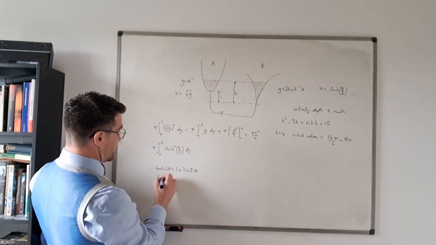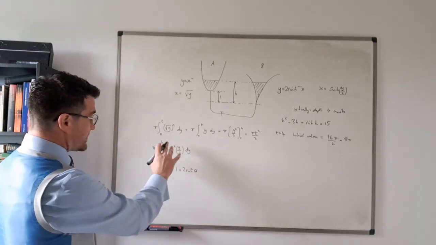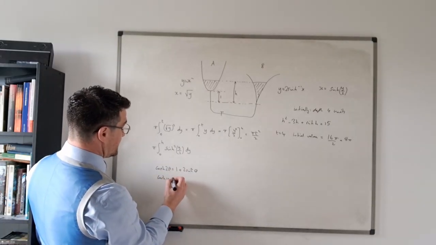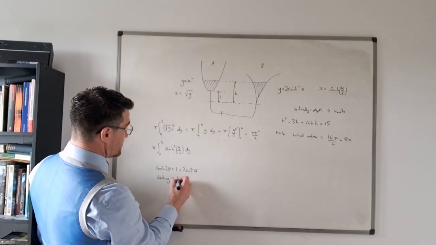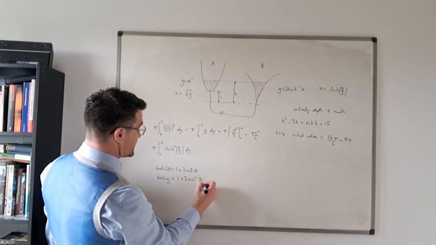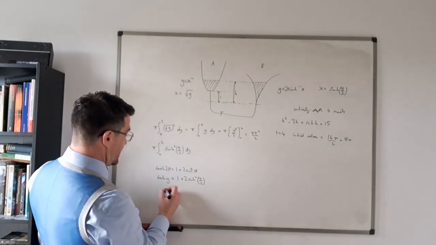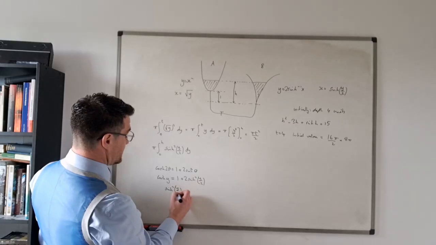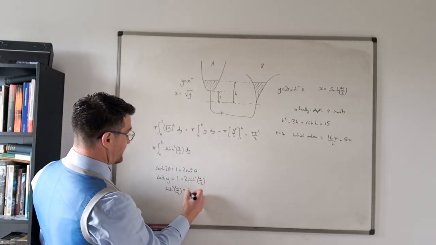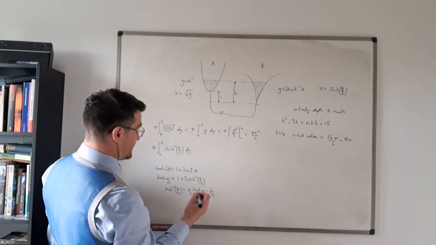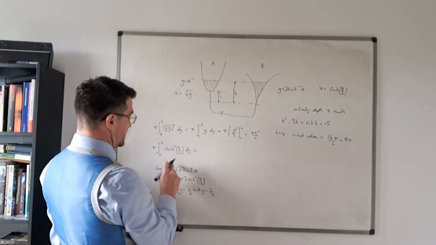Okay, so that means that cosh, putting it in terms of y now to fit this problem, cosh y is going to be equal to 1 plus 2 sinh squared y over 2. So therefore, sinh squared y over 2 is equal to a half cosh y minus a half. So plug that in here.